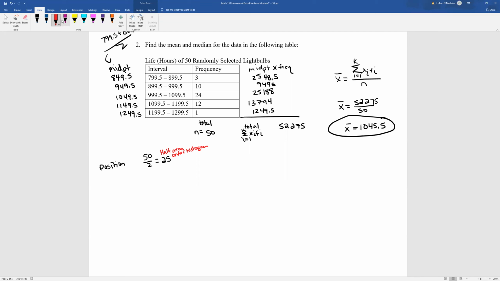We're assuming that those have a base of 1. So the area of each of those individual rectangles is like 1 times 3, 1 times 10, 1 times 24, 1 times 12, 1 times 1. If you add all that up, that's an area of 50. So half of the area under the histogram would be an area of 25. So we need to figure out what marking point that happens at.